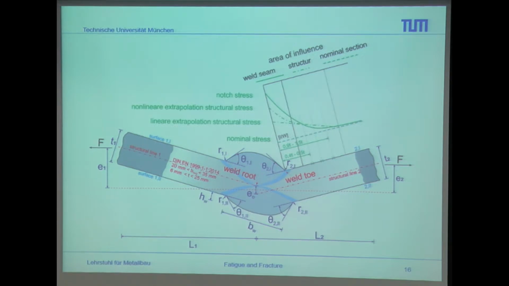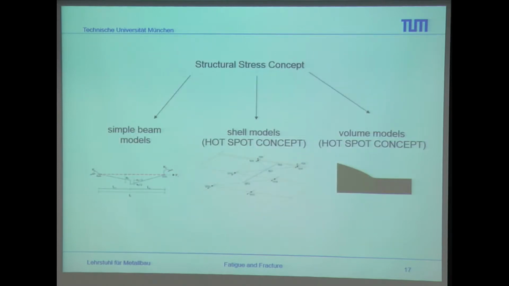This is, I would say, the main idea behind this concept: in the testing you can apply some strain gauges, and with the strain gauges you can measure the increase of the stress range. You can also have other stress ranges due to, for example, nominal stress.